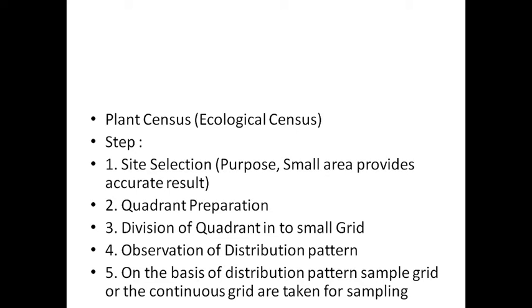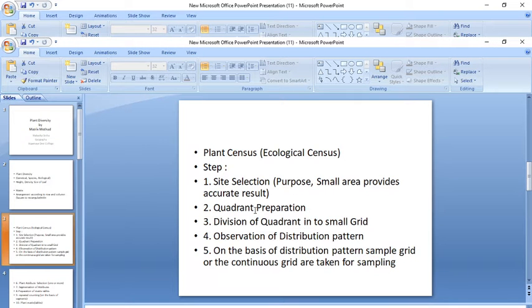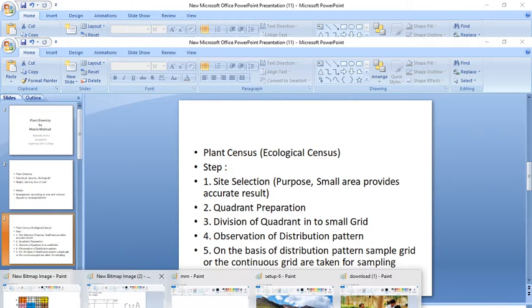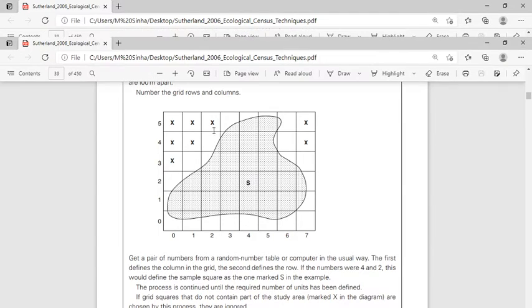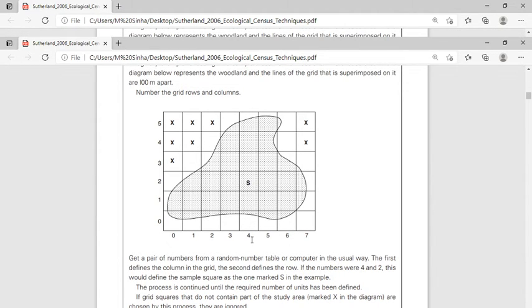Go through the previous map. This is the selected area. This area has been selected on the basis of a specific purpose. After selecting this area, the second step is to divide the area into a square grid, or quadrant, in a square matrix or rectangular matrix.